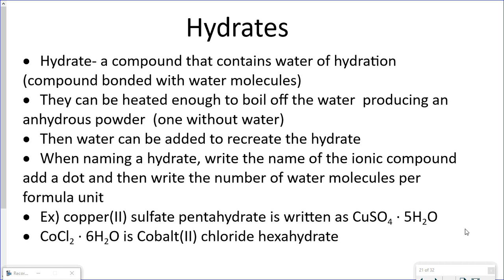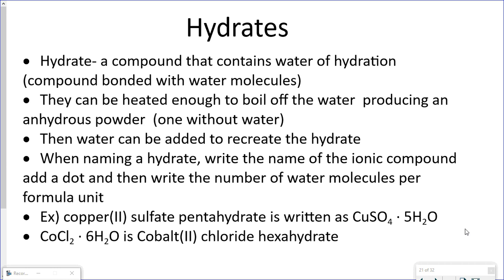So for example, if we have copper 2 sulfate pentahydrate, we would write the formula for copper 2 sulfate, crisscrossing our charges as needed, put a dot to signal that it is attached to the pentahydrate. Penta is 5 and hydrate is water. So it is CuSO4 dot 5H2O.